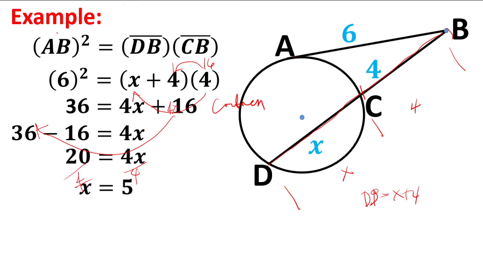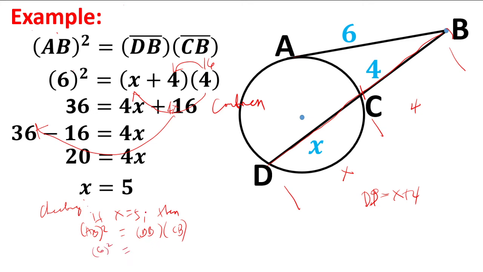So, ang x natin ay 5. If x is equal to 5, checking tayo. Then AB square is equal to DB times CB. Try natin. AB is 6 square. DB is X plus 4. So, 5 plus 4 times 4. Okay?